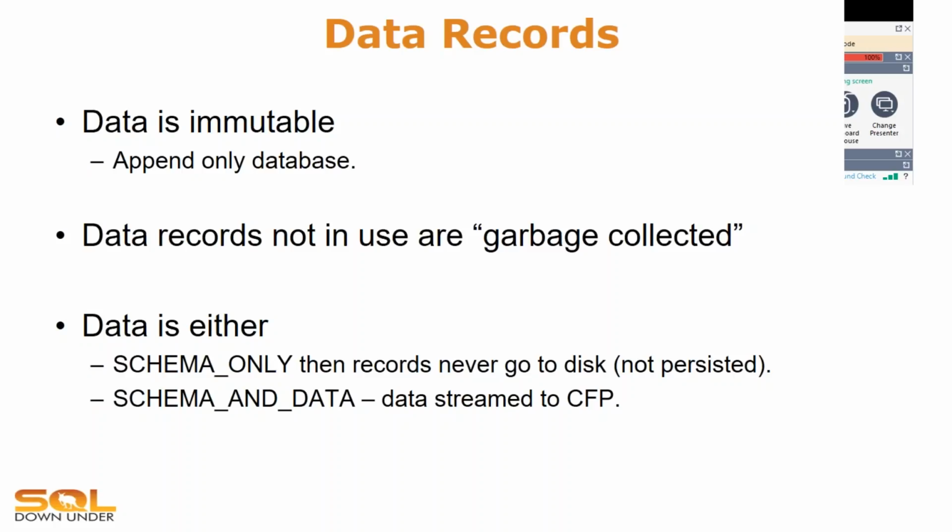As a new record comes into the database, a new record is created to replace the existing one. That existing one is no longer needed and is marked for what we call garbage collection. And for those that are familiar with any .NET language, you'll probably have heard of garbage collection previously.